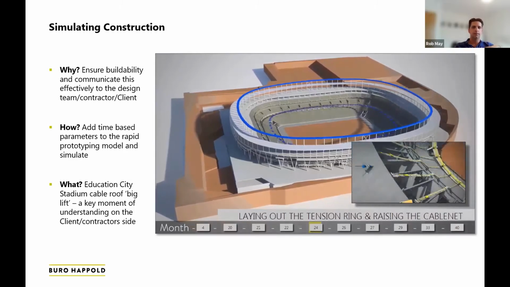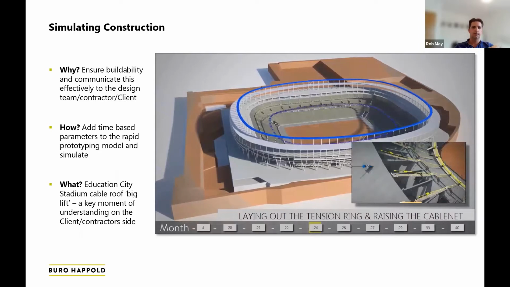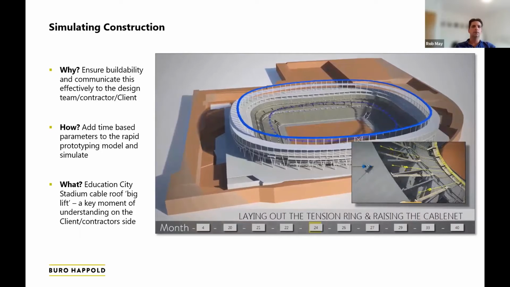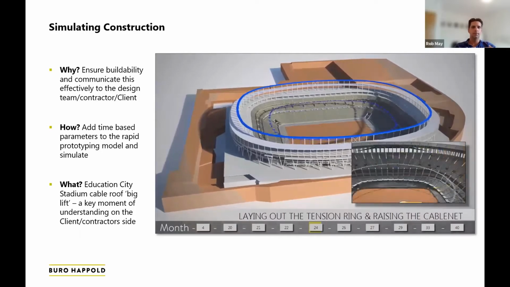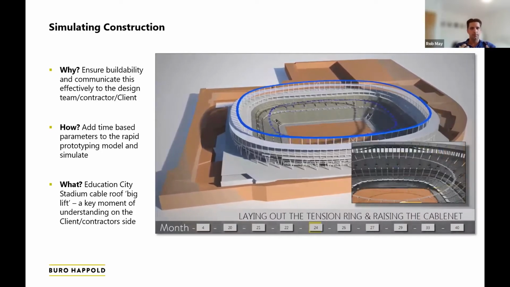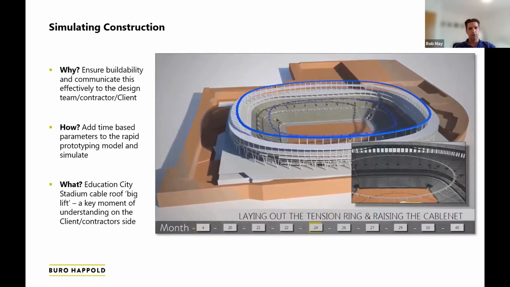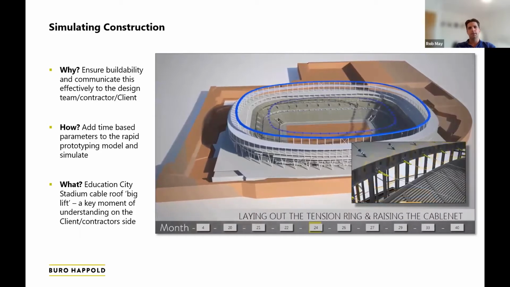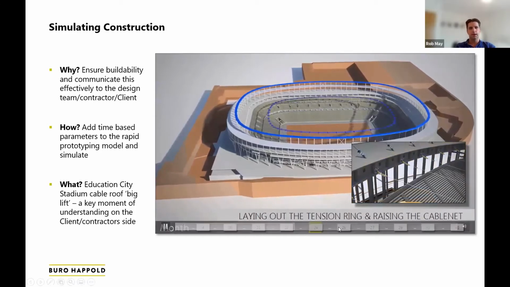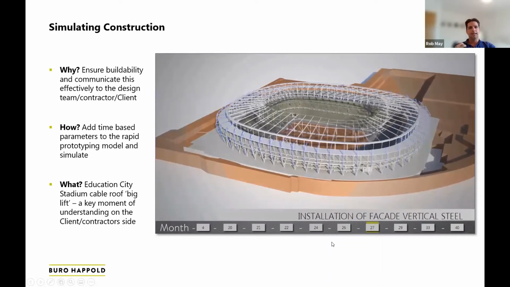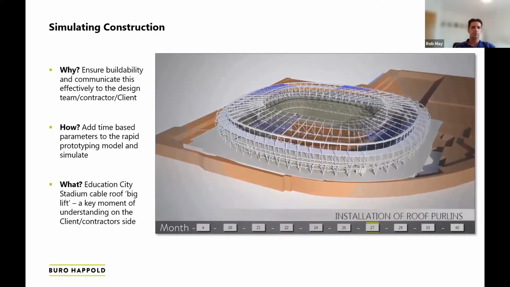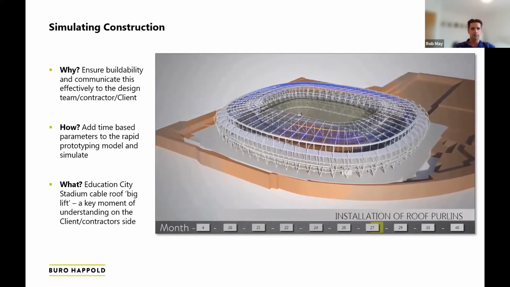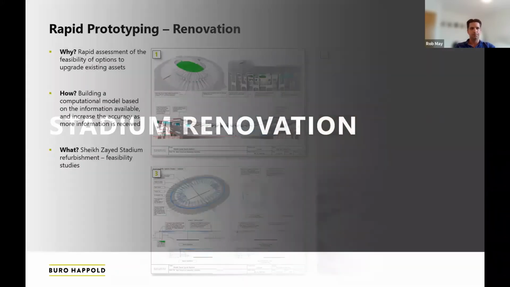This was instrumental in the early stages of the project in facilitating this cable net option, because the contractor at the time wasn't familiar with this type of construction and was concerned about moving away from a much heavier roof. On seeing this, a penny dropped, and they were very pleased to move forward with the cable net roof solution. So again, part of the rapid prototyping process is bringing clients and contractors along to explain the implications of some of those decisions as early as possible.